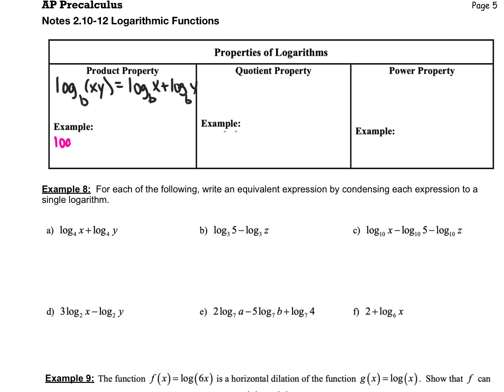So if I had log base 2 of 5x, that's the same thing as log base 2 of 5 plus log base 2 of x. All right, we can separate multiplication with addition. Properties of logarithms come from our properties of exponents.